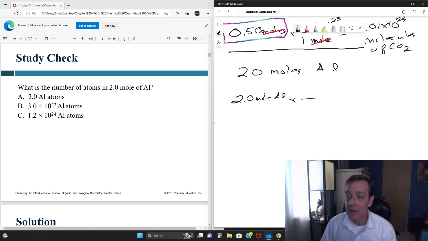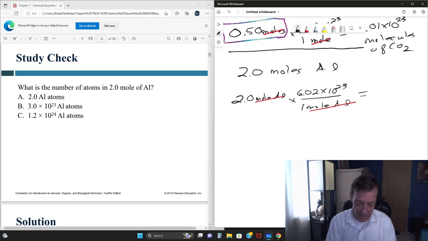We convert it, since 1 mole of aluminum is the same as Avogadro's number. Make sure the moles of aluminum cancel, leaving us with that many particles.